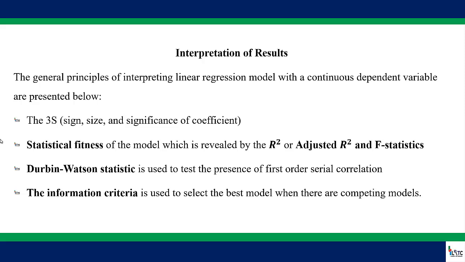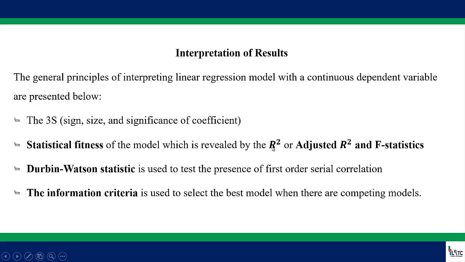Then another result that we get is the statistical fitness of the model, and this is revealed by R square and adjusted R square, as well as the F statistic.